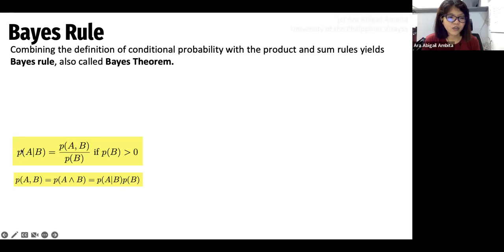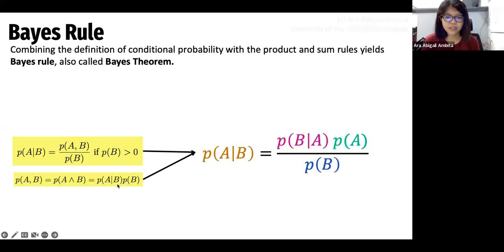You already know that this conditional probability is essentially equal to the joint probability of A and B divided by the probability of B, wherein this joint probability is essentially equal to the product of P of A given B and P of B, right? So we have this final equation for the Bayes rule.